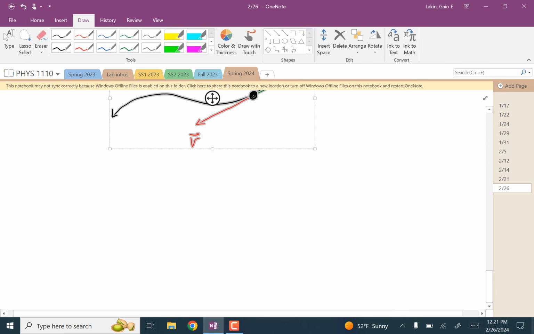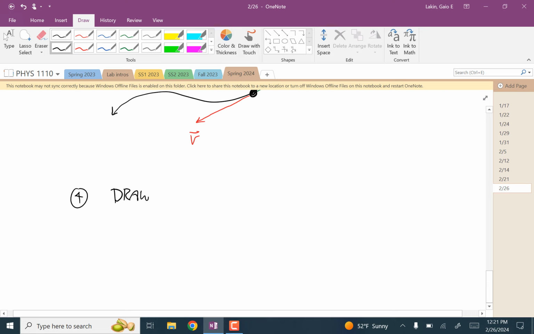Next, that's 3. Now draw what I'm going to call A perpendicular, the part of the acceleration that's perpendicular to the velocity in the direction the object is turning.